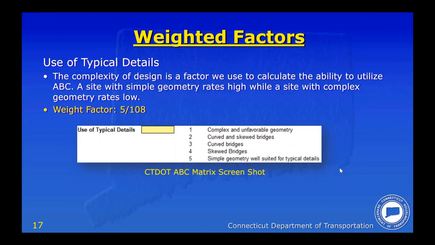Same for typical details: 1 for a bridge that is very complex with unfavorable geometry, maybe where every deck panel might be unique, with a flaring bridge, to 5, a very simple bridge, well suited for simple geometry and typical standard details.